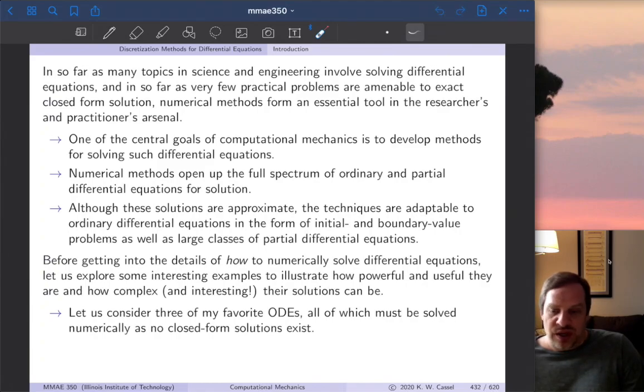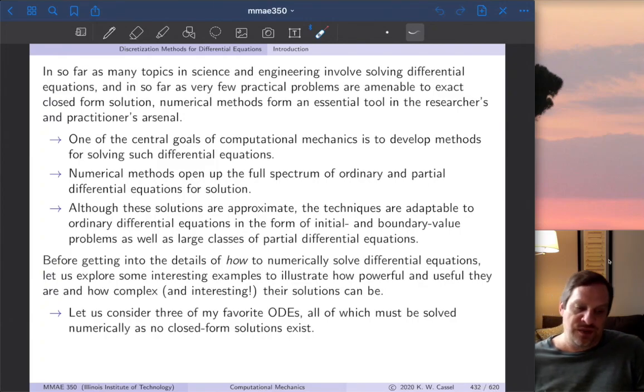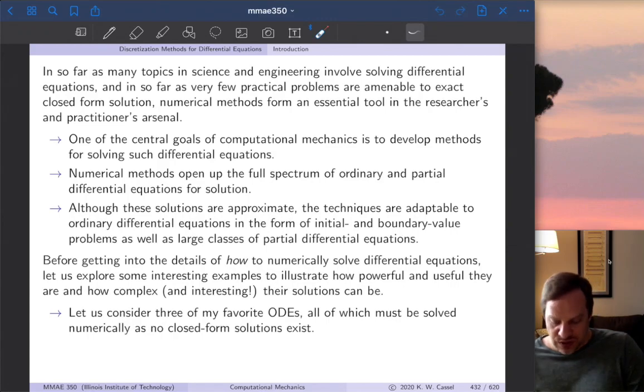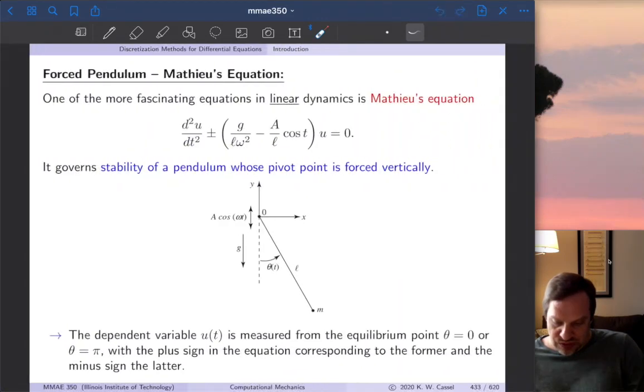So I'm not talking about wacky, crazy PDEs that have to be solved on supercomputers. I'm going to go through these 3 favorite ODEs, and we'll get a feel for what kinds of physical behaviors we can and must be able to treat, and also, more interestingly, the kinds of solutions that these equations lead to.